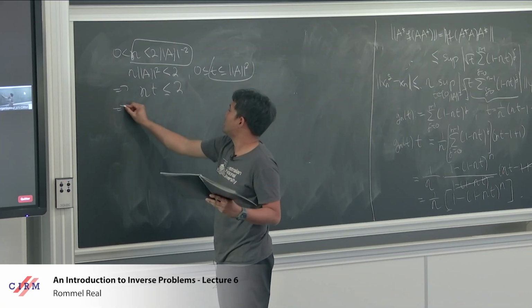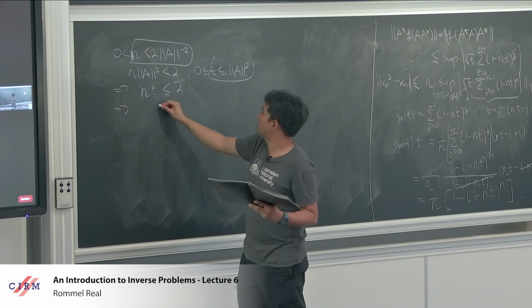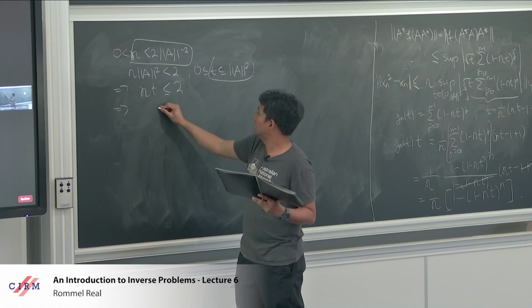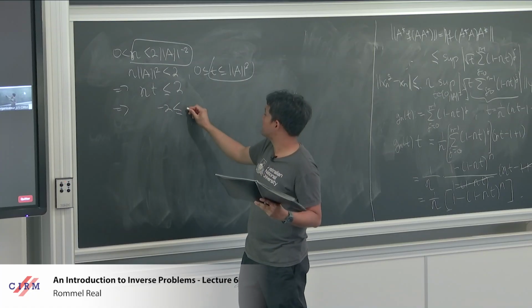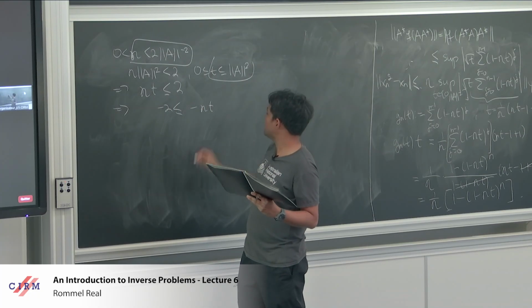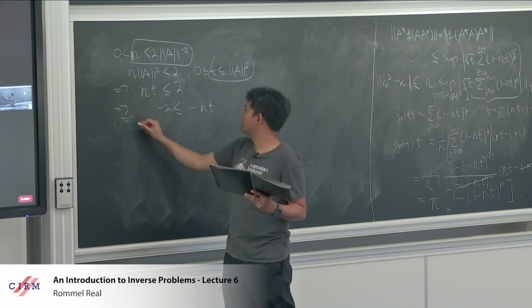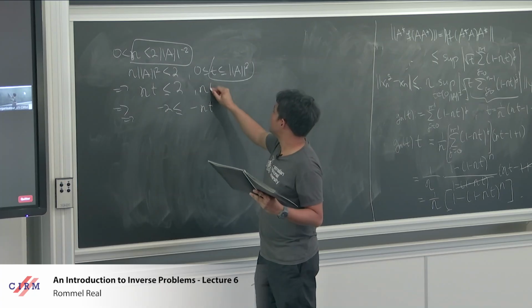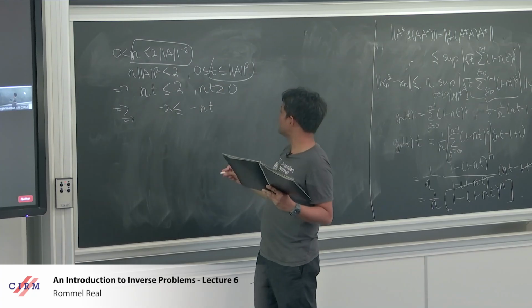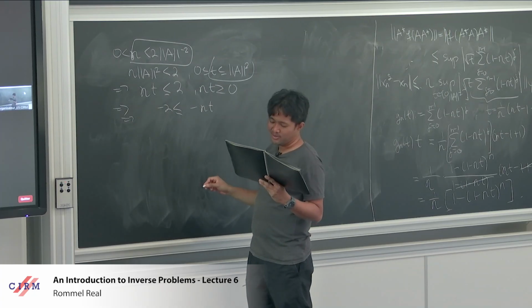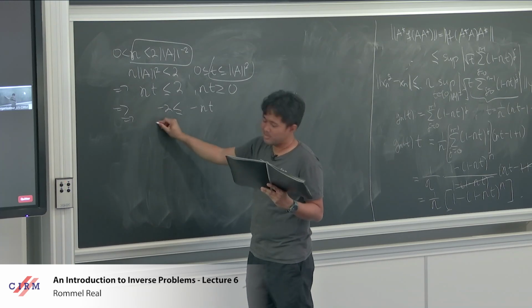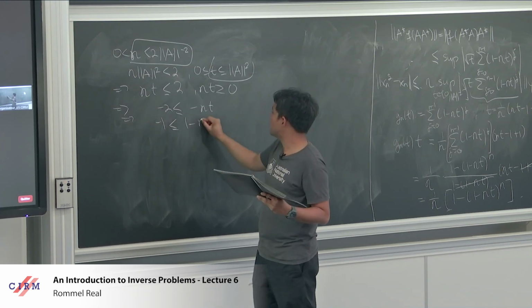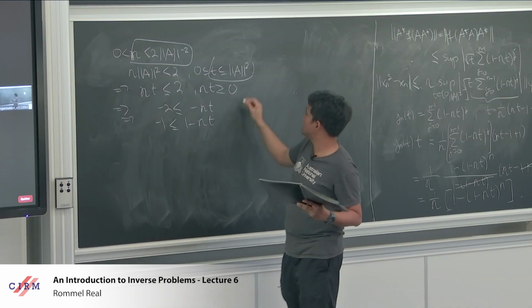And this also follows that minus 2 is less than or equal to minus eta t. Also eta t is, of course, not negative. So that also implies that minus 1 is less than or equal to 1 minus eta t.